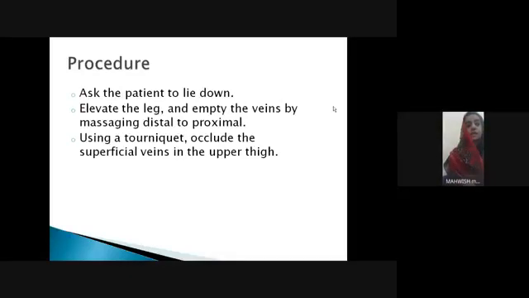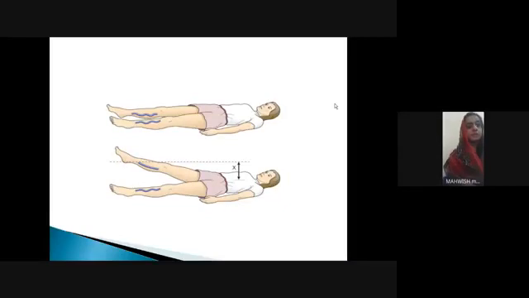Ask the patient to lie down, elevate the legs, and empty the veins by massaging distal to proximal. Using a tourniquet, occlude the superficial vein in the upper thigh. A tourniquet is a device which applies pressure to a limb or extremity in order to limit, but not stop, the flow of blood. Next, the diagram shows the Trendelenburg test.